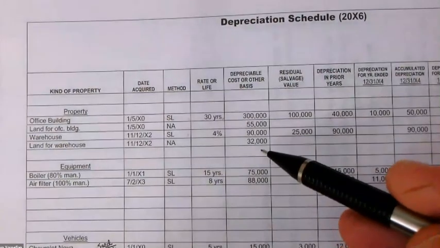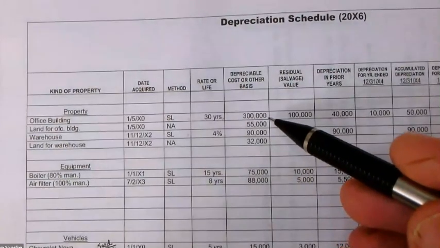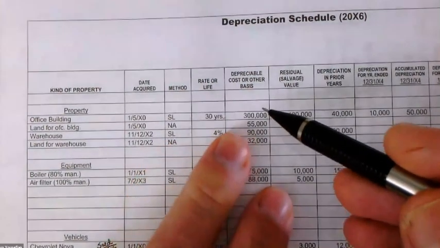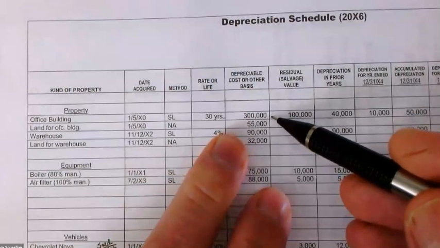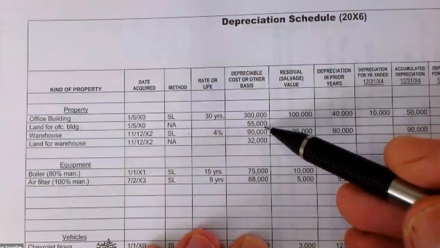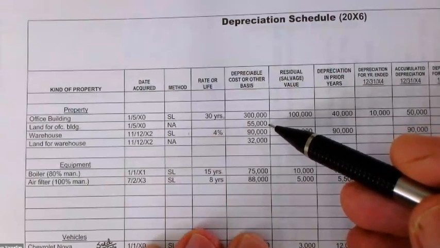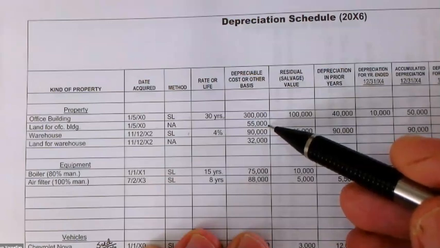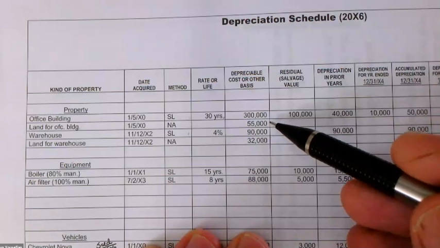The depreciable cost, or the basis, is $300,000 for the office building. The land has been appraised for $55,000. Besides a regular appraisal, another way is to look at the property tax document you receive in the very first year that you purchase the building.